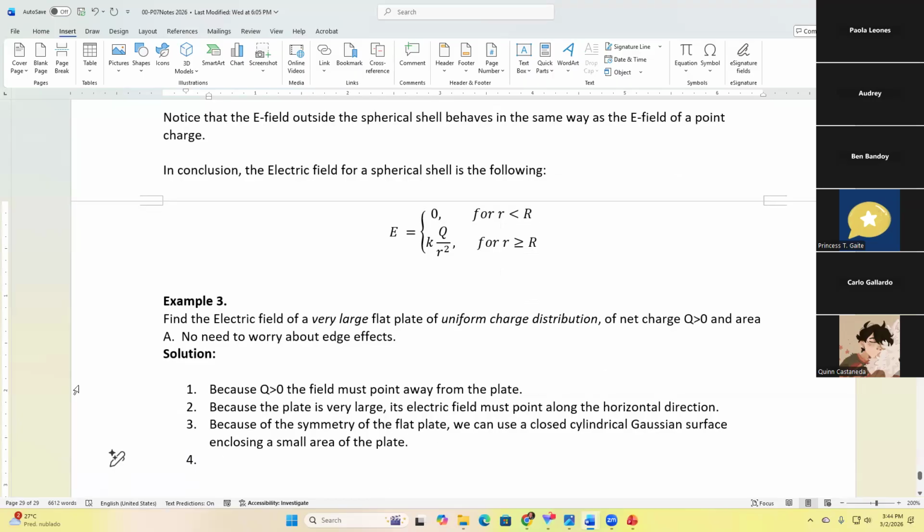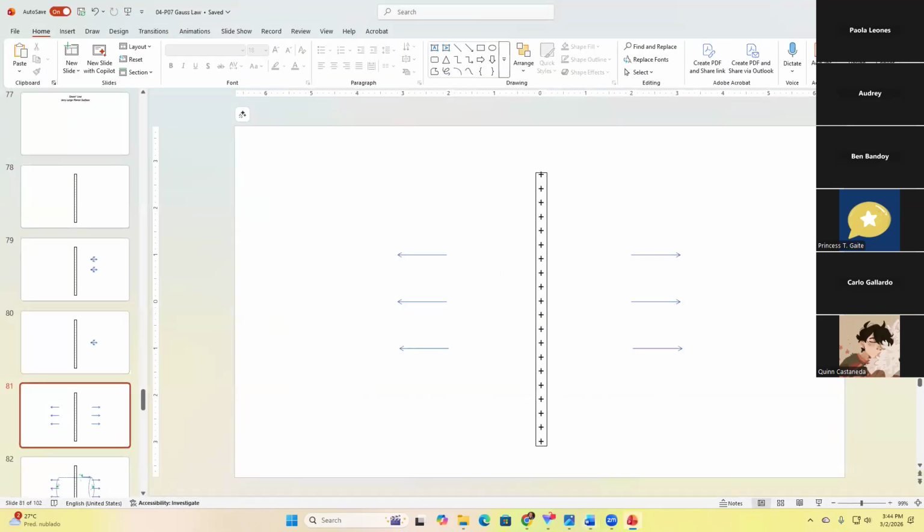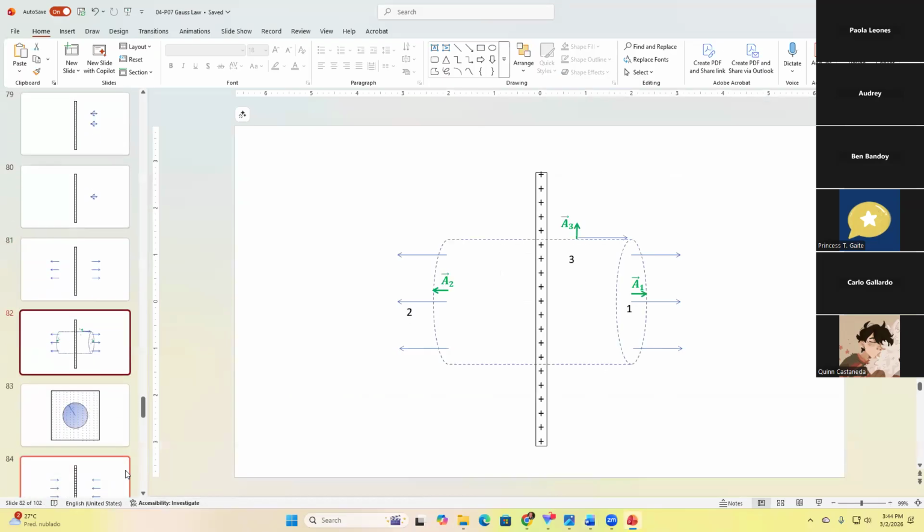Okay, here you go. And that's the cylindrical surface I'm talking about. That's my Gaussian surface.